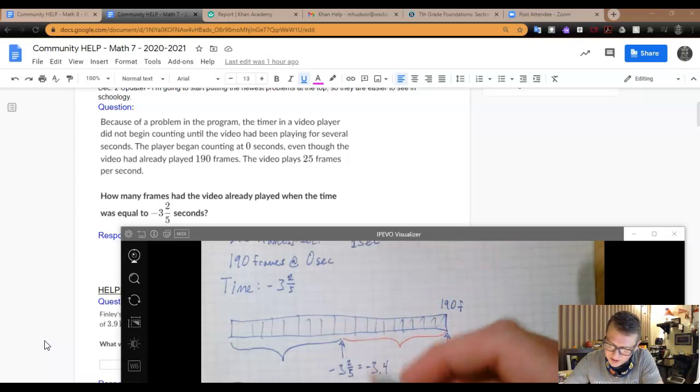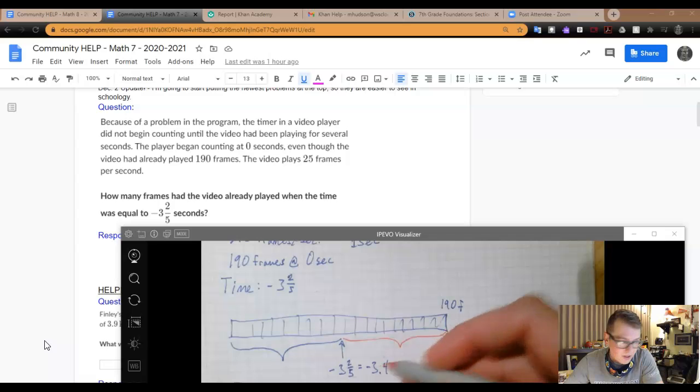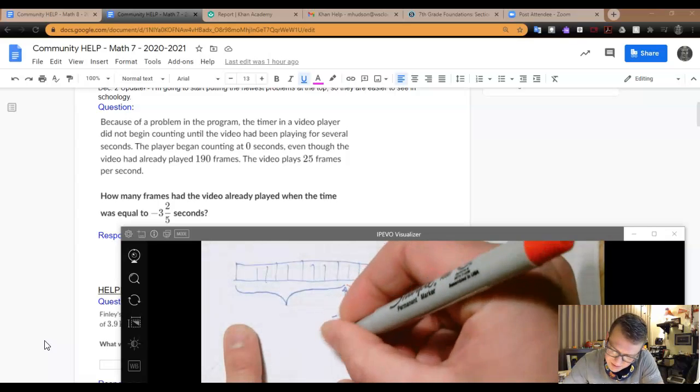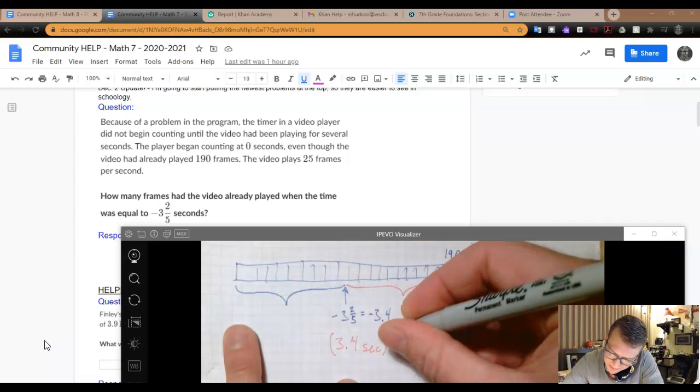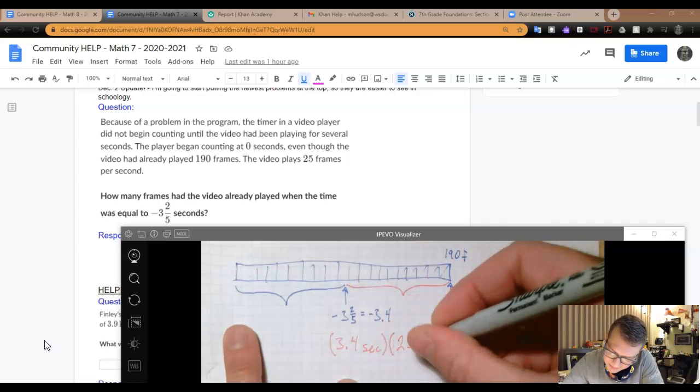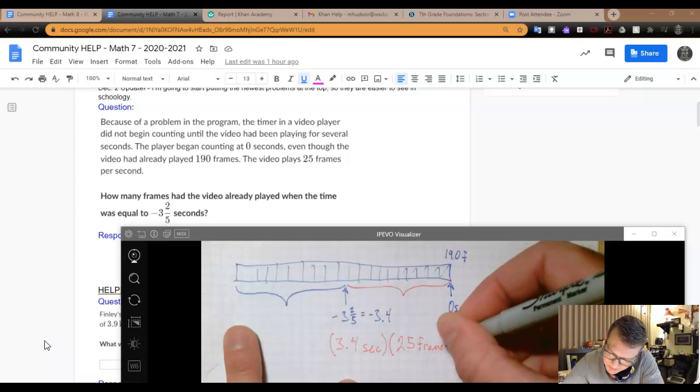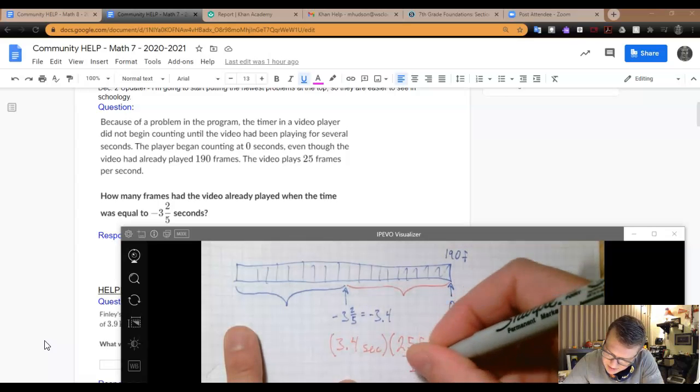So to figure out how many frames had passed in this distance, we know that distance was 3.4 seconds. So we can take our 3.4 seconds and multiply it by the 25 frames per second.